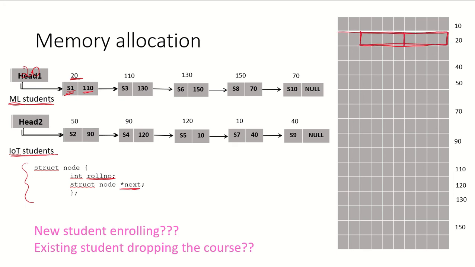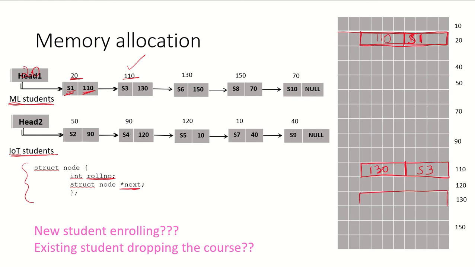It is storing the roll number of S1 and storing the address of the next node, 110. So at 110, we have the second node. This is the second node at address 110. It has the roll number of student S3 and a pointer to the next node, which is at 130.